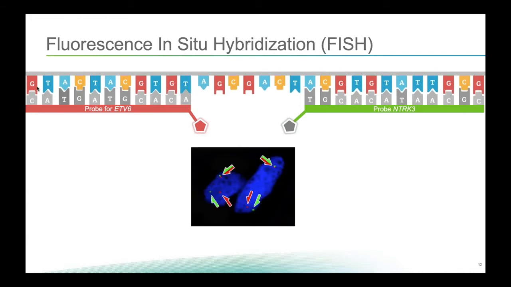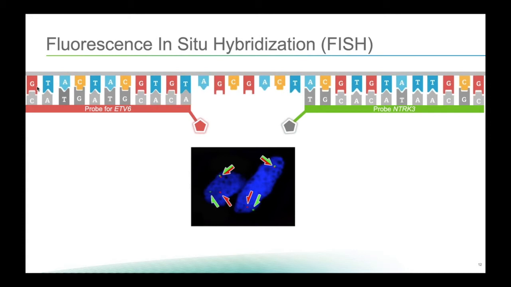And you can see in the small picture, the red dot and the green dot indicate that these 2 targets are close to each other, which tells us there is a fusion. And you can imagine the same problem will happen as with real-time PCR. For every fusion, we need to design a probe, and that's a lot of probes. So it's not cost effective.